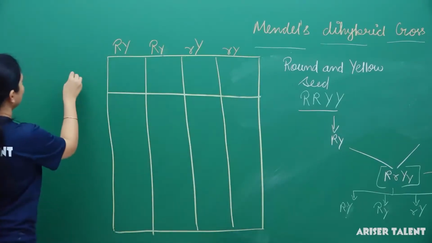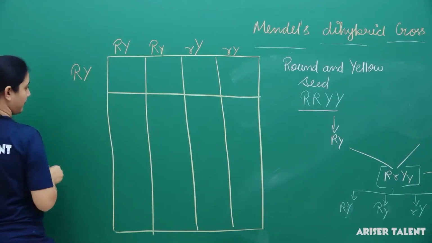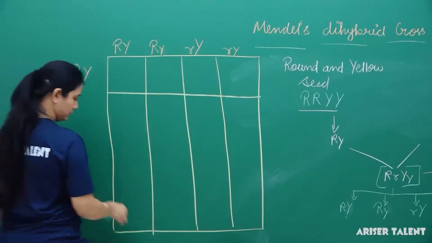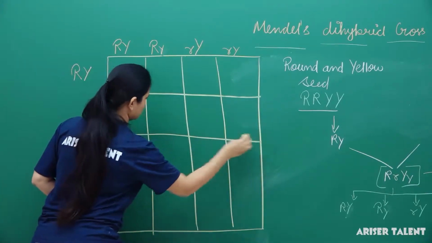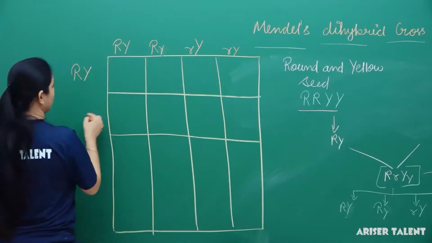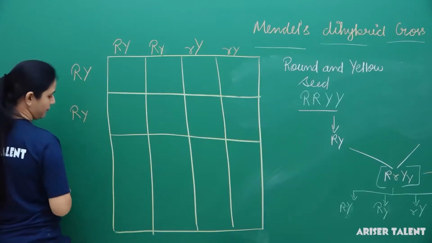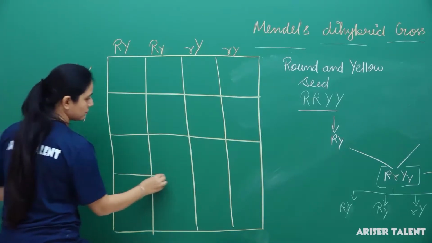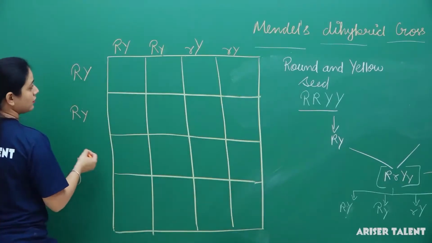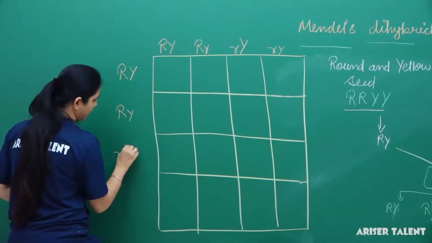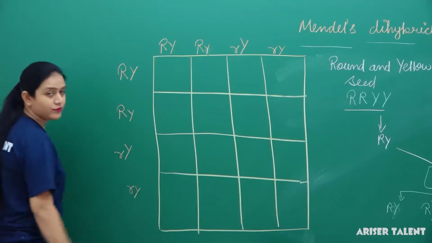Same here: capital R, capital Y; again capital R and small y; then small r, capital Y; and small r and small y.